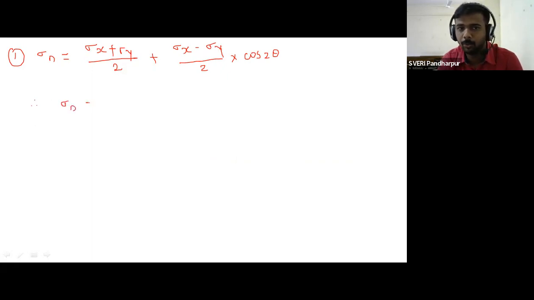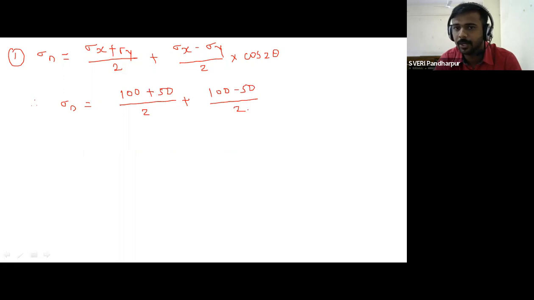So now only we have to put the values: sigma x 100, sigma y 50 divided by 2 plus 100 minus 50 divided by 2 into cos 2 into 60.